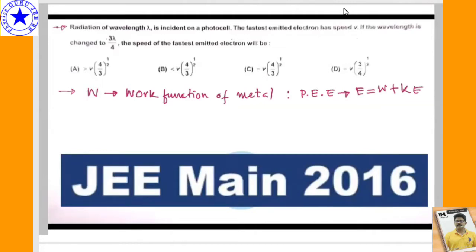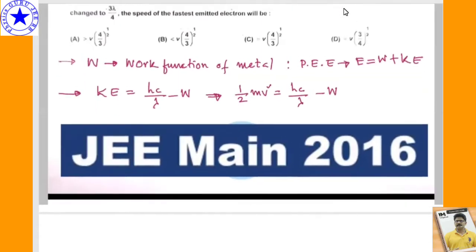Or we can write Ke equals hc by lambda minus W. Or we can write this equation as half mv square equals hc by lambda minus W. If I cross multiply, v square equals 2hc by lambda m minus 2W divided by m.